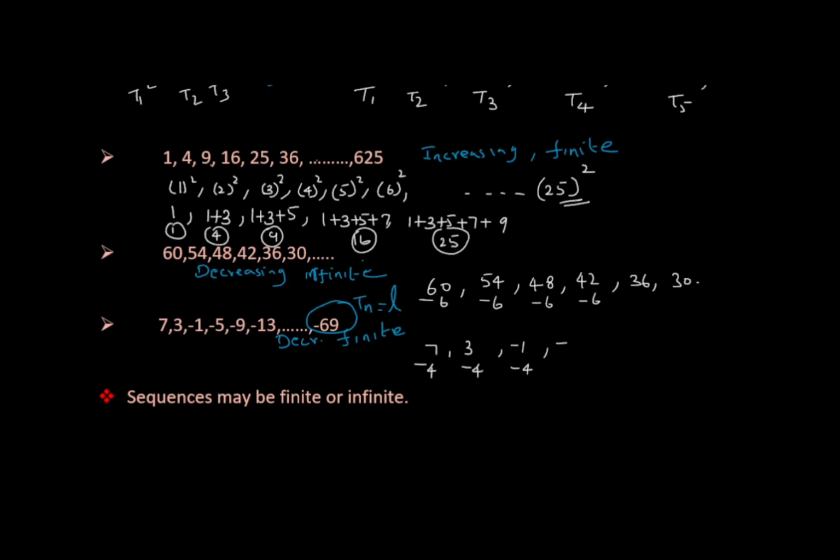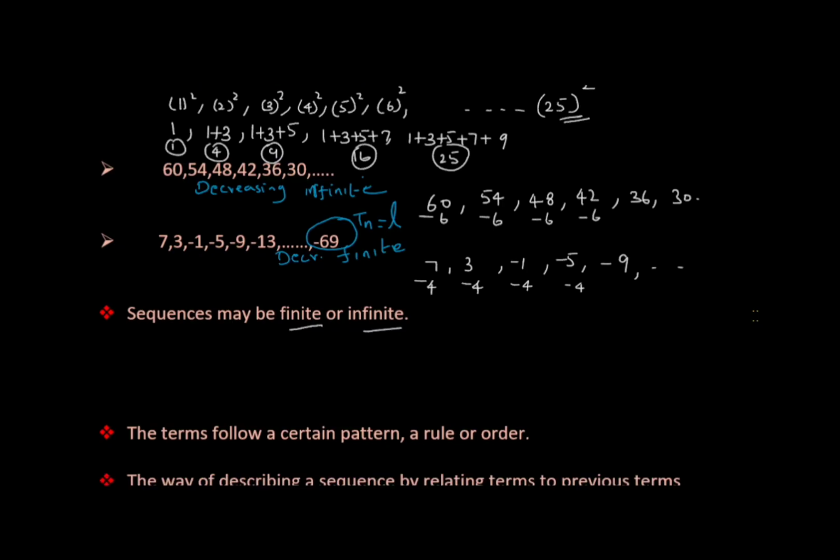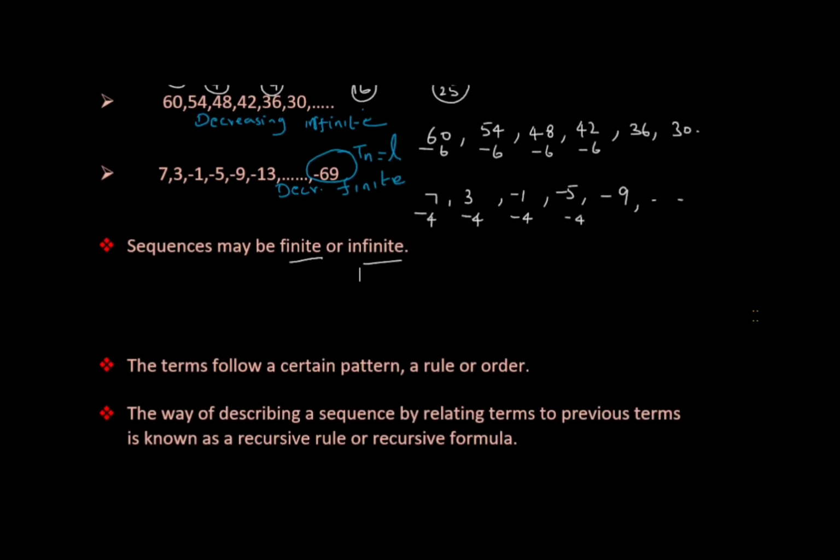Minus 1 minus 4, minus 5. And minus 5 minus 4, minus 9. Like this we can get. So a sequence may be finite or infinite. A sequence may be increasing or decreasing, whatever it may be, if it is in some order or following some rule. The terms follow a certain pattern, rule or order, then it is called a sequence.